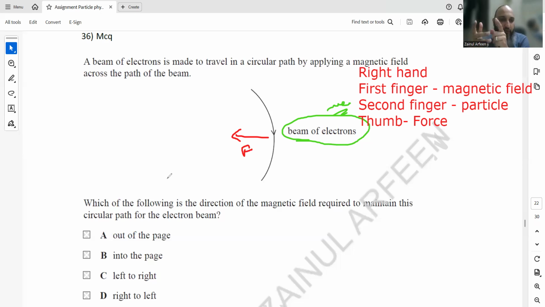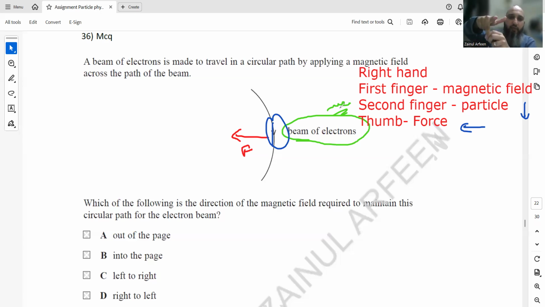And we have different options: the magnetic field is in, magnetic field is out, magnetic field to the left, magnetic field to the right. If we try to figure it out, the beam of electrons is moving downward. So my second finger should point downward. That's the direction of the particle. As you can see here, the particle is moving in this way. My thumb will represent the direction of the force, which is towards the left-hand side.